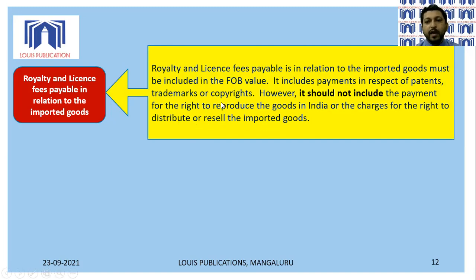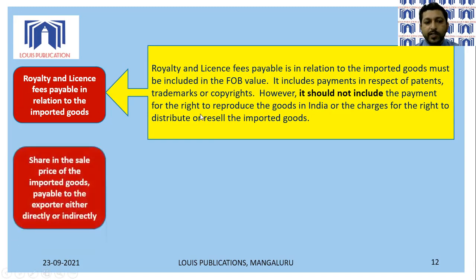So if the amount is paid for reproducing the goods in India, manufacturing the goods in India, distributing the goods in India, then such amount should not be included, because it is a single payment made, and after that the exporter can do it at his or her own will. So payment is not required. But other than that, if for selling, if royalty and license fees is payable to the importer, then such value must be included in the computation of assessable value.